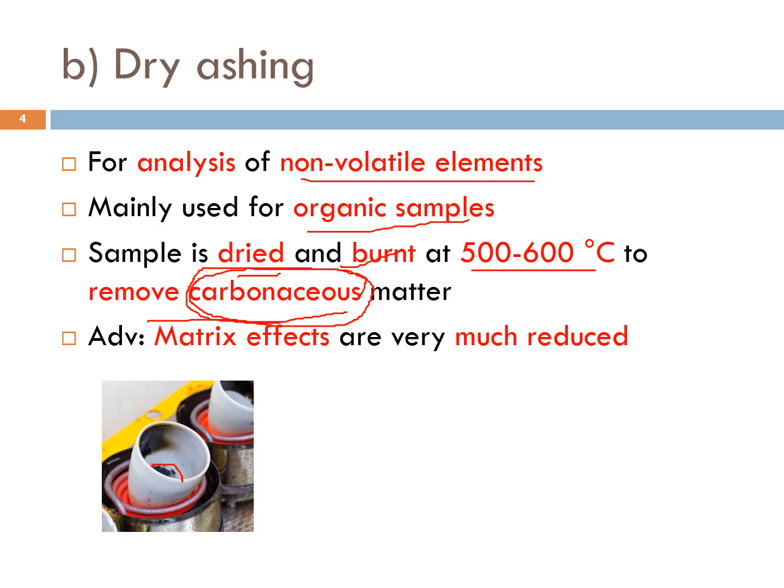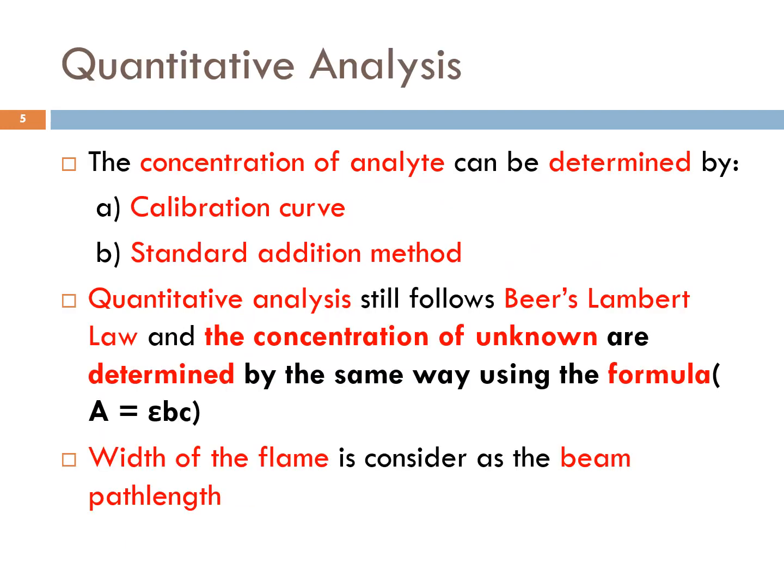So for this method, matrix effect are very much reduced. Matrix effect ni adalah effect daripada elemen lain yang ada dalam you all punya sample but not the metal of interest.